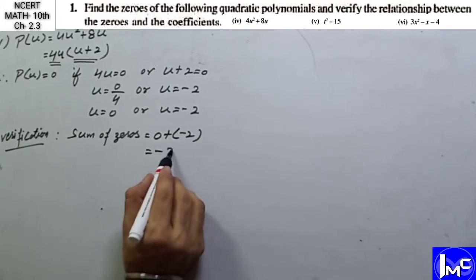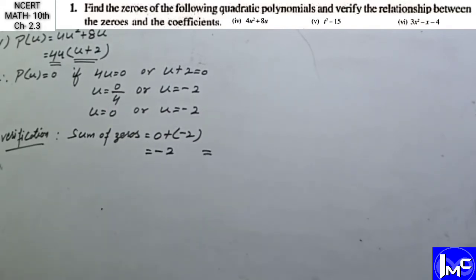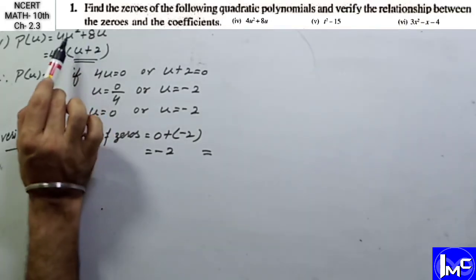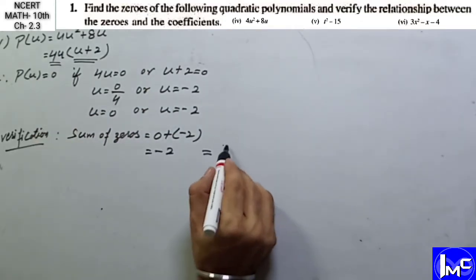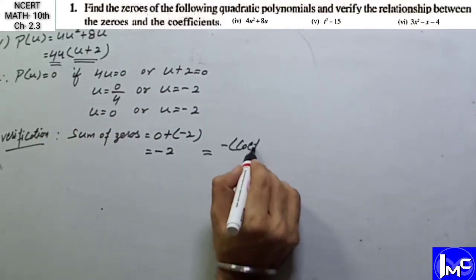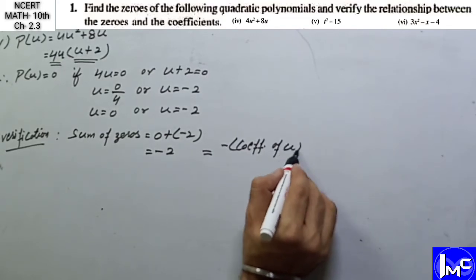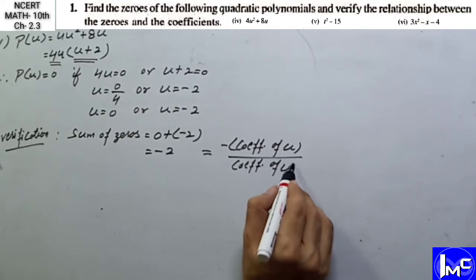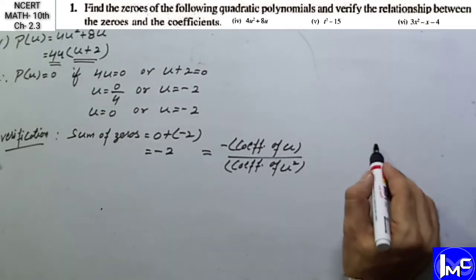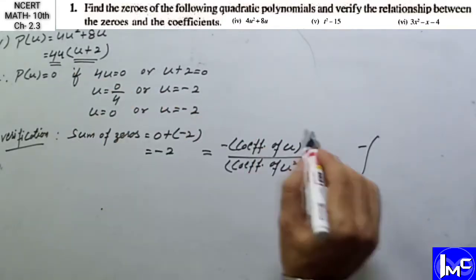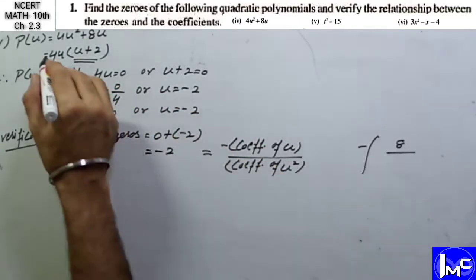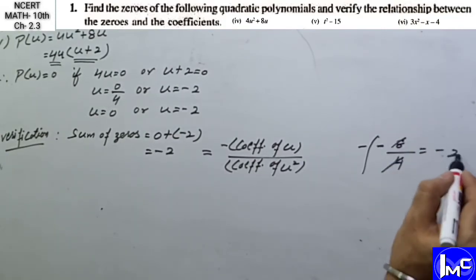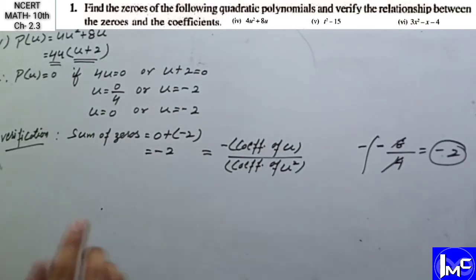It will be minus 2, and it can be written as minus coefficient of u over coefficient of u square, because coefficient of u is 8 and coefficient of u square is 4, with a negative sign, and it will be minus 2. That is minus 2 is the same.